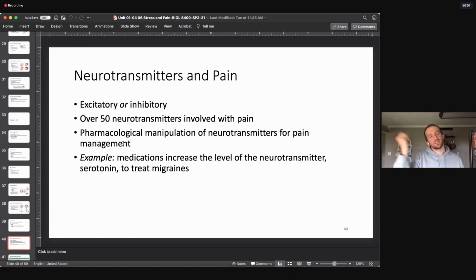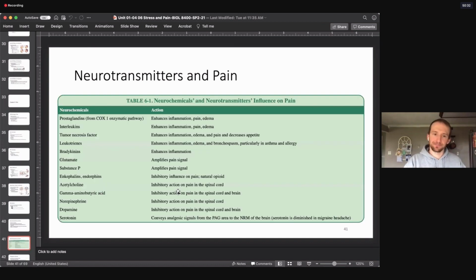Now, those nerves that have received that stimulation, what kind of neurotransmitters are they going to send? There are 50 neurotransmitters or so involved in the sensation and responses to pain. Many of these can be pharmacologically manipulated so that you can manage pain. For example, to treat migraines, you might take agents that increase serotonin, which blunts the consequences of that dural pain from migraines.